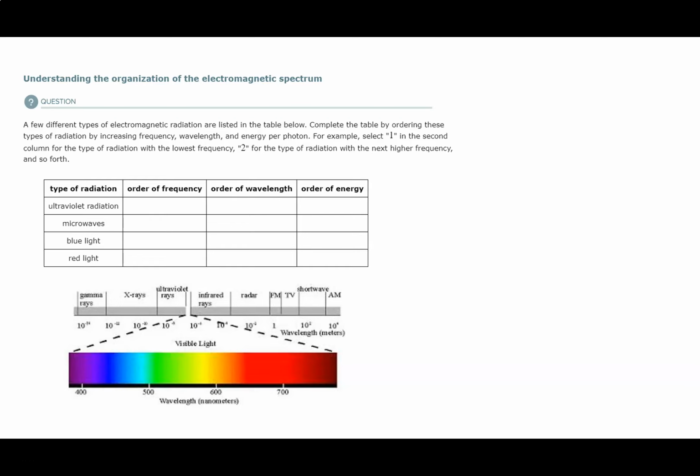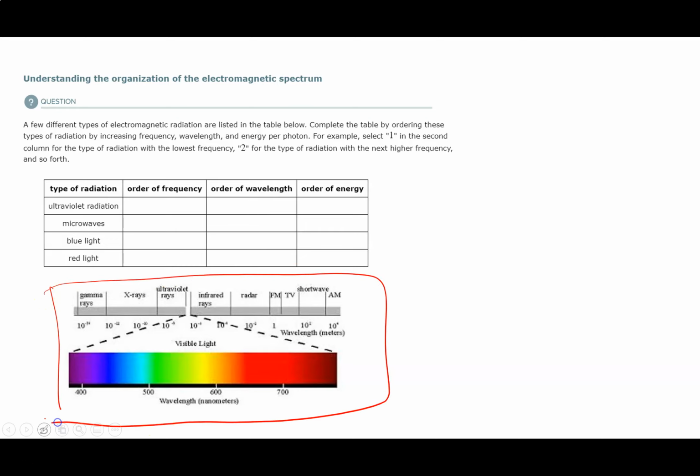Okay. So in ALEKS, you will be asked questions about the electromagnetic spectrum, and you don't need one as elaborate as what I had on the previous slide, you just want to find a little diagram that clearly has the electromagnetic spectrum indicated on it. So it kind of goes like this.